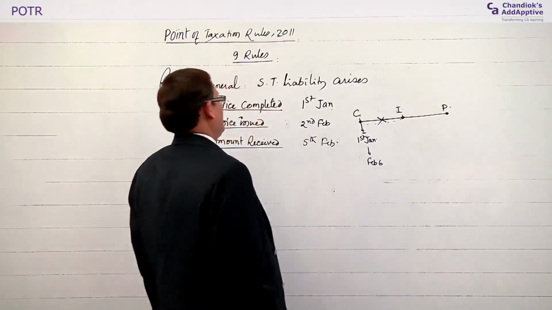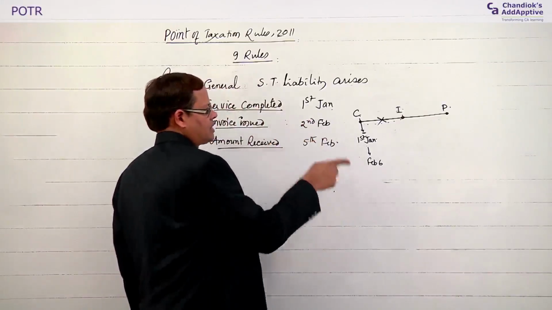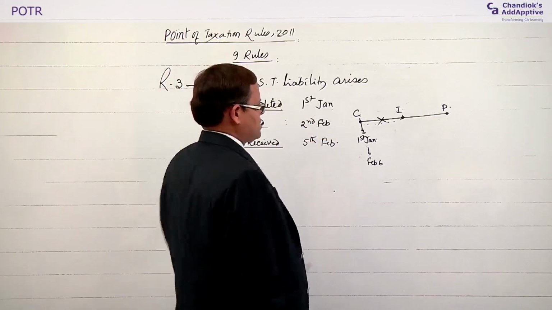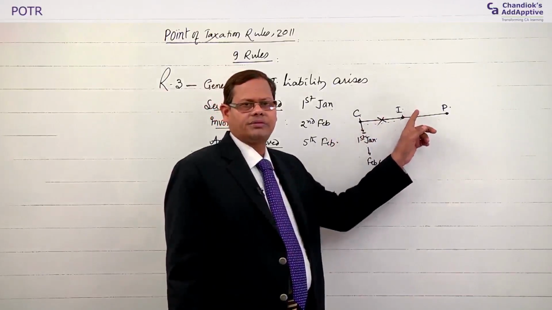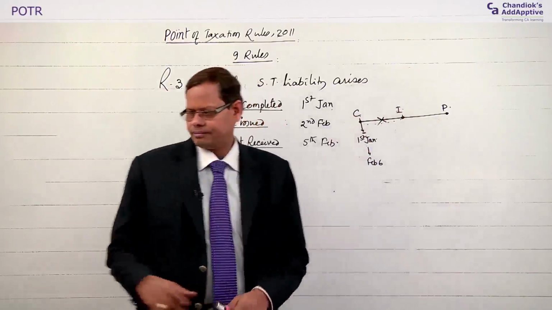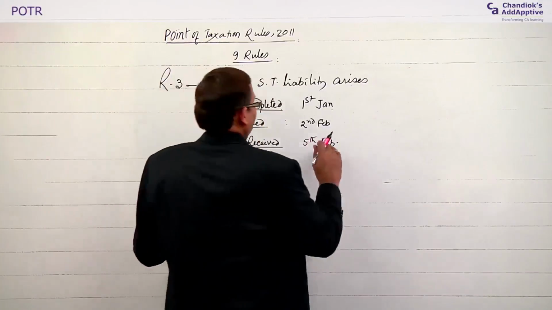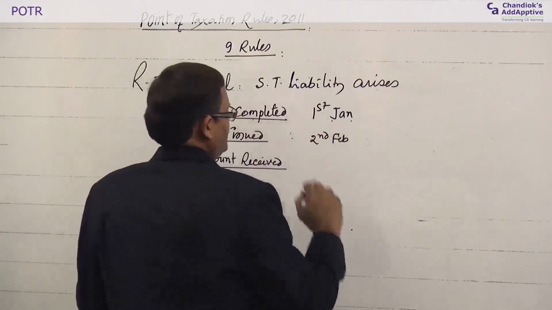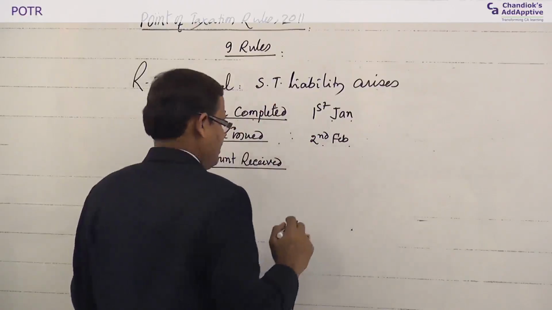Where the invoice is not issued within the stipulated 30 days, the service tax liability arises on the date of completion instead of the date of issue of invoice, because the date of issue of invoice becomes irrelevant.